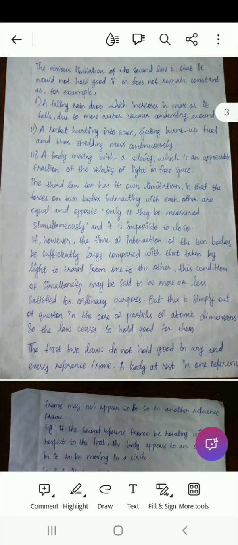But when we're talking about subatomic particles, or small dimensions like that, or huge objects like planets, we can't say the force is experienced by the two objects simultaneously. So let's talk about subatomic particles like electrons and protons, and they mainly interact using electromagnetic force, which is mediated by photons.